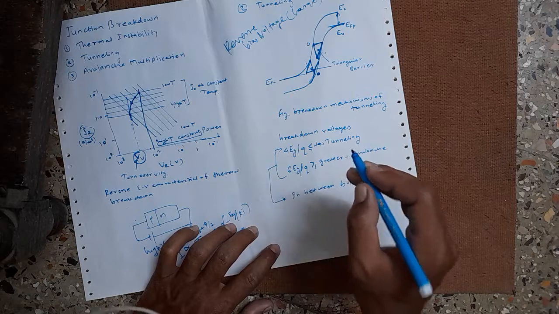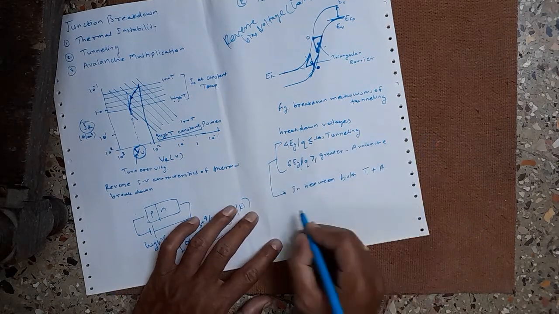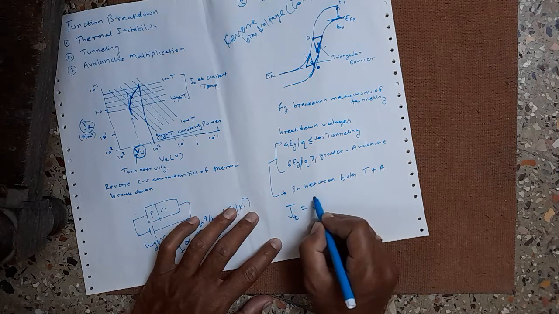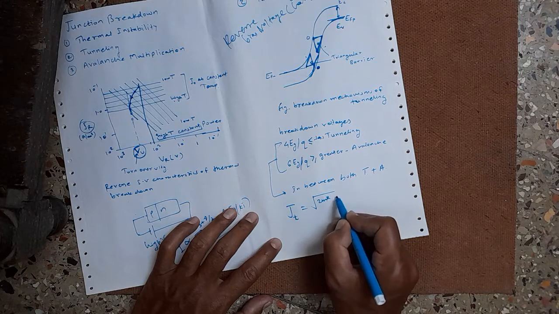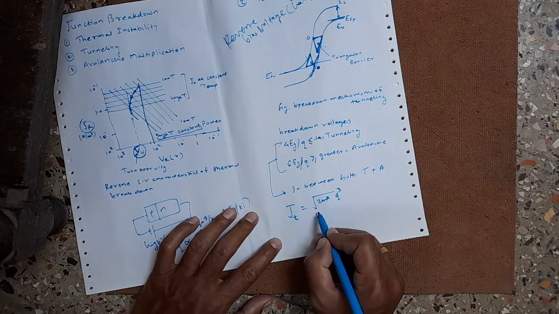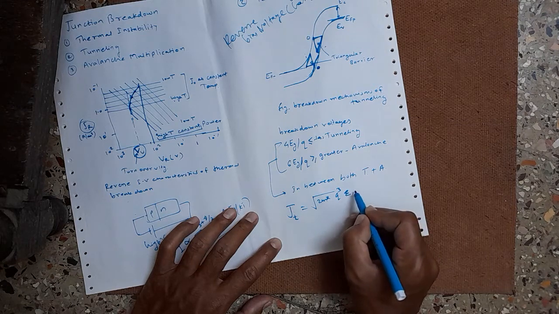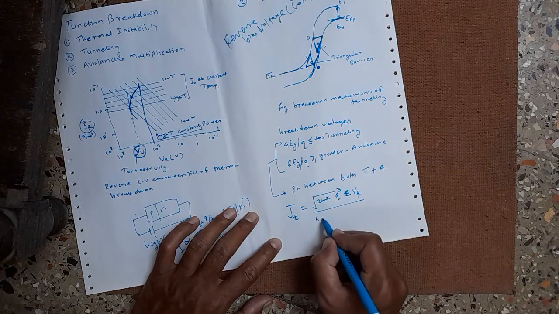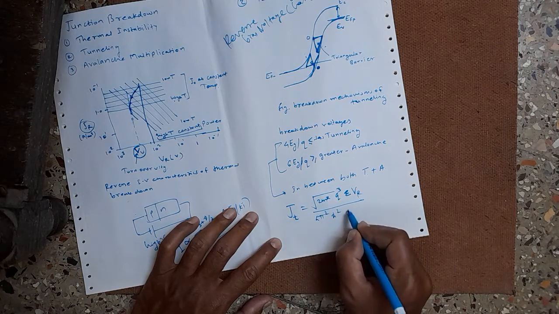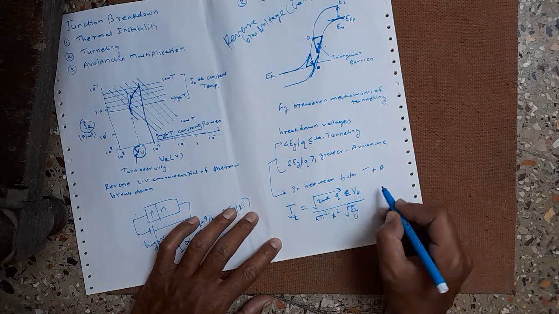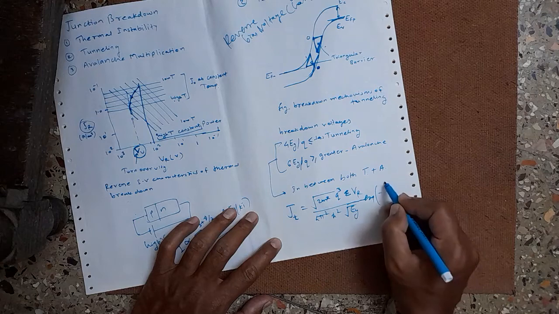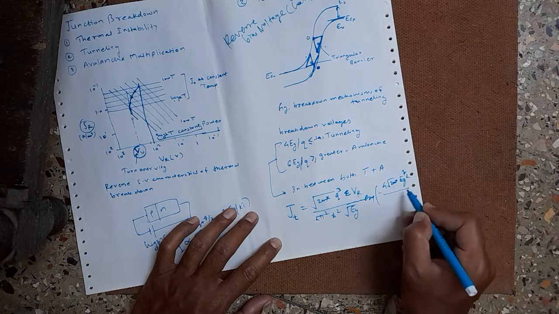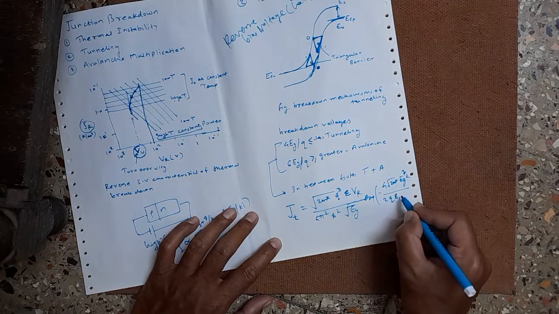Now when we consider the tunneling current, I am just writing down its value directly without the derivation. The tunneling current density is given by a relation: root 2 m star q cubed times electric field times the reverse potential, over 4 pi squared h cross squared root Eg, times exponential of minus 4 root 2 m star Eg raised to 3 by 2 over 3 q electric field h cross.